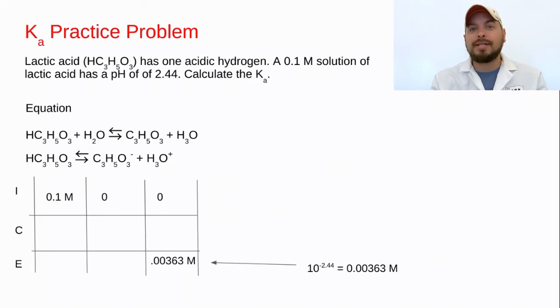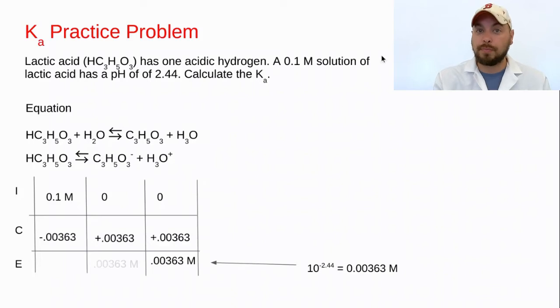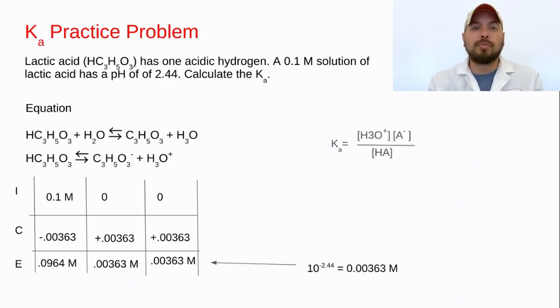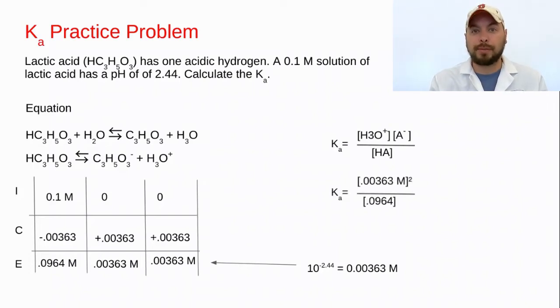This means that the amount of lactic acid remaining is 0.1 minus 0.00363. The amount of H+ and conjugate base would both be equal to 0.00363. When I plug these into my Ka expression, it's going to be 0.00363 squared divided by 0.1 minus 0.00363.